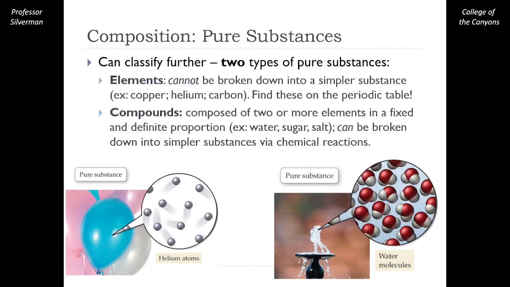In this classification system, we can actually go a step further. If we're thinking about our pure substances, just a single type of substance, pure substances can be either simply elements or they can be compounds. Elements are the building blocks of our world.